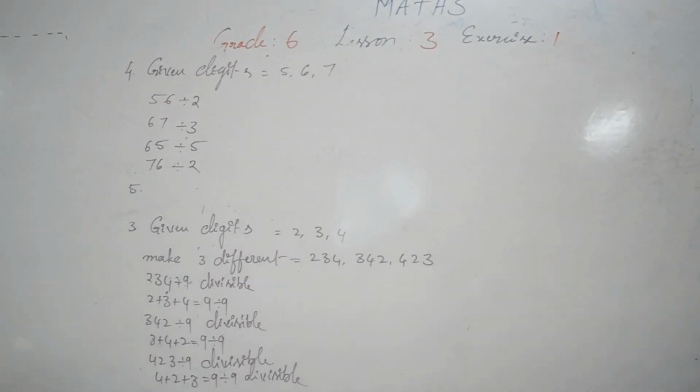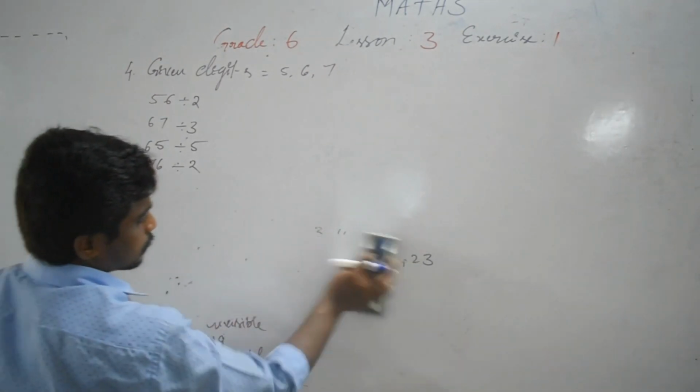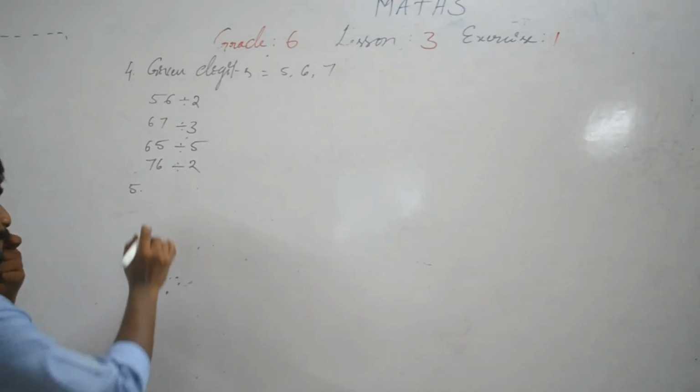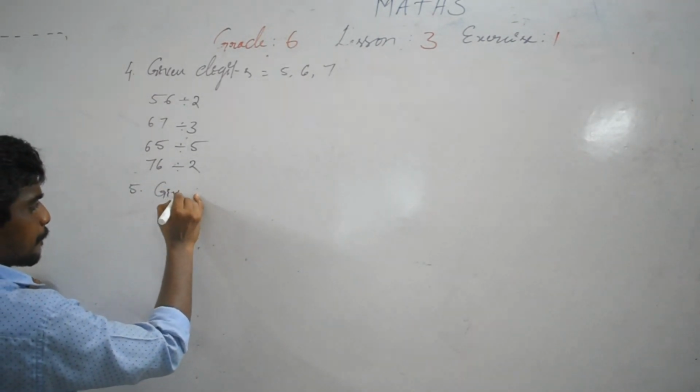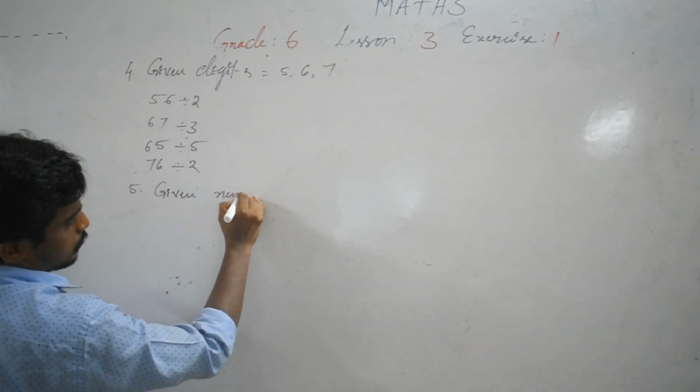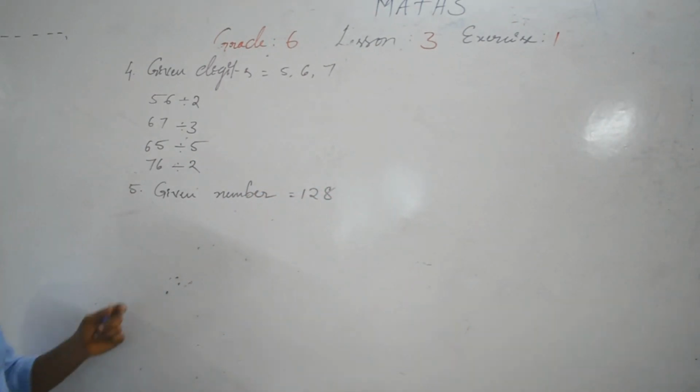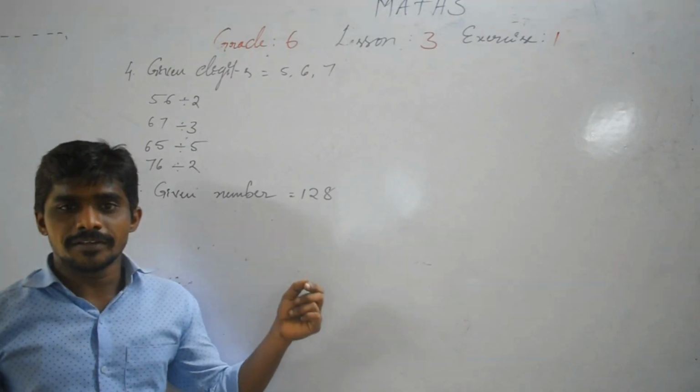Next one, fifth one. Find the smallest number that must be added to 128 so that it becomes exactly divisible by 5. So here the given number, what is it? 128.